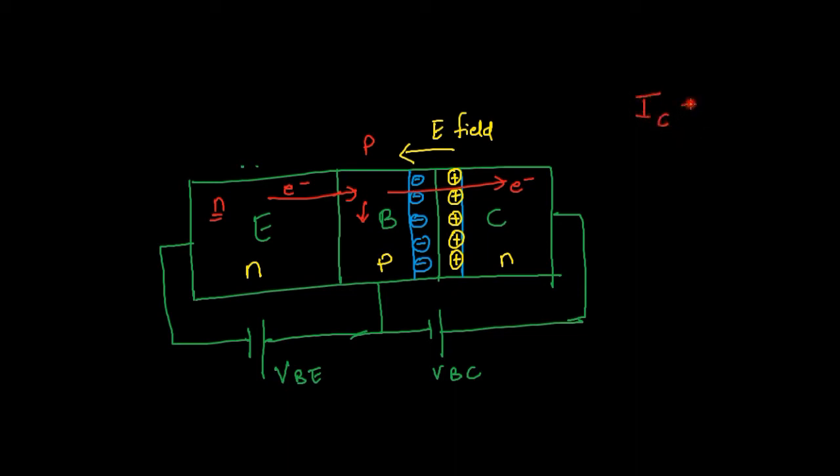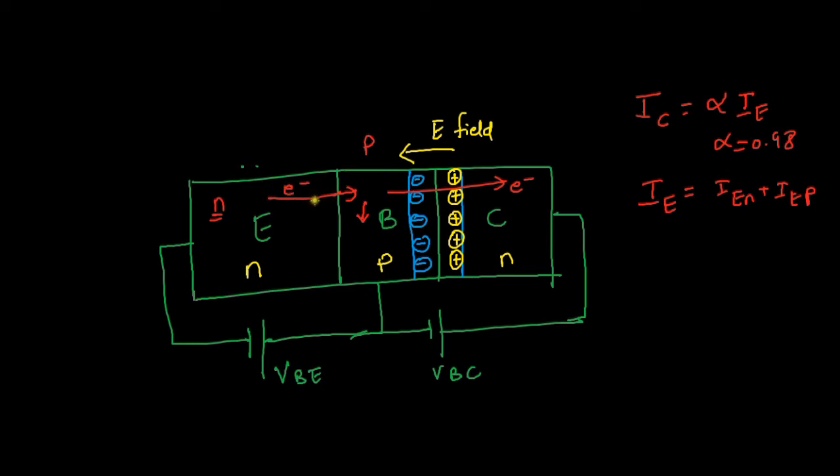So with that explanation we defined IC as alpha times IE. It means alpha is around 0.98 and the remaining electrons recombined with holes. Also, the emitter current is constituted of two things, IEN and IEP. So what are IEN and IEP? IEN is that part of the current which is due to electrons flowing from N to P. That is this direction.